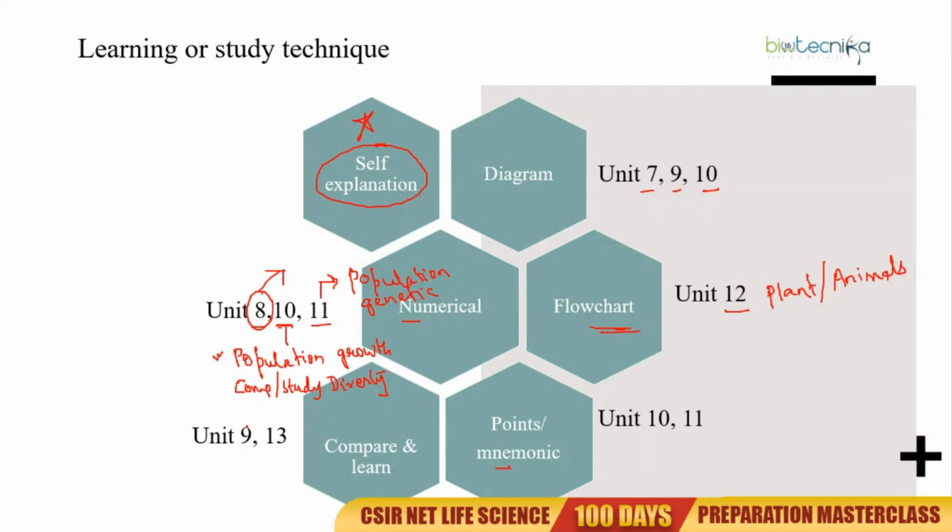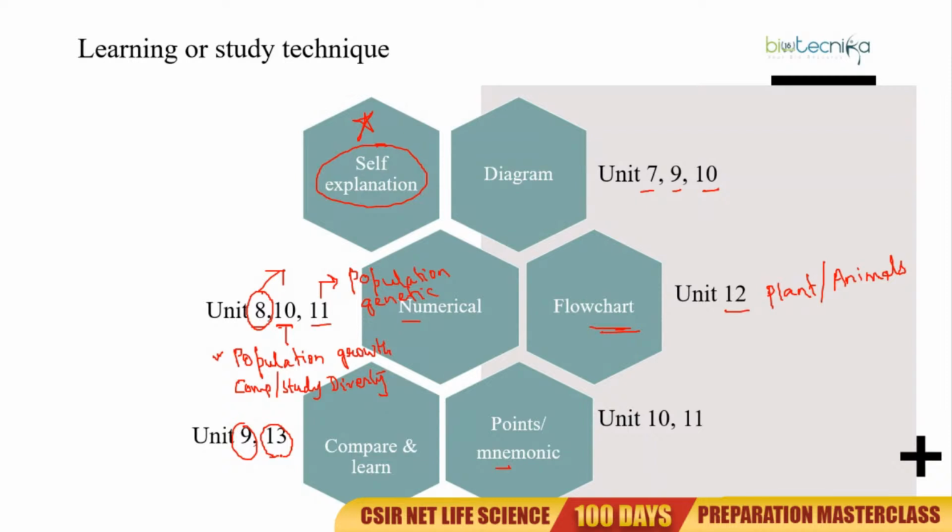Now, when you're studying for unit 9 and 13, it's always better to go for the comparative study, because in 13 you are studying very many techniques, like microscopy, spectroscopy, and immunological techniques.